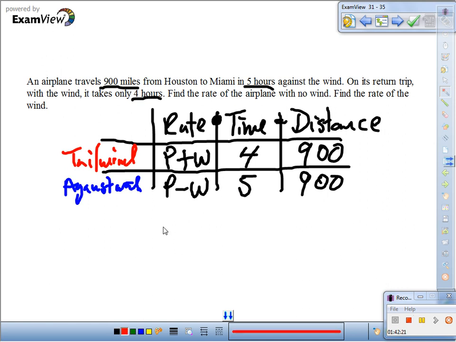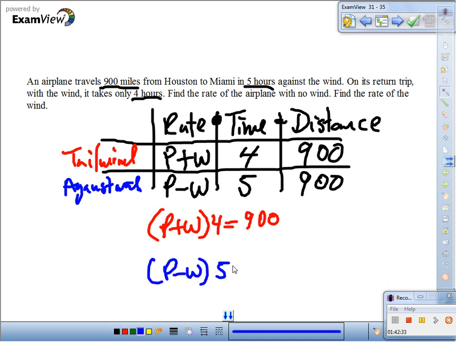All right, let's write our equations. Our first one is P plus W, parentheses, 4 equals 900. And then the second one, in blue, is P minus W times 5 equals 900. For the first, divide by 4, divide by 4.